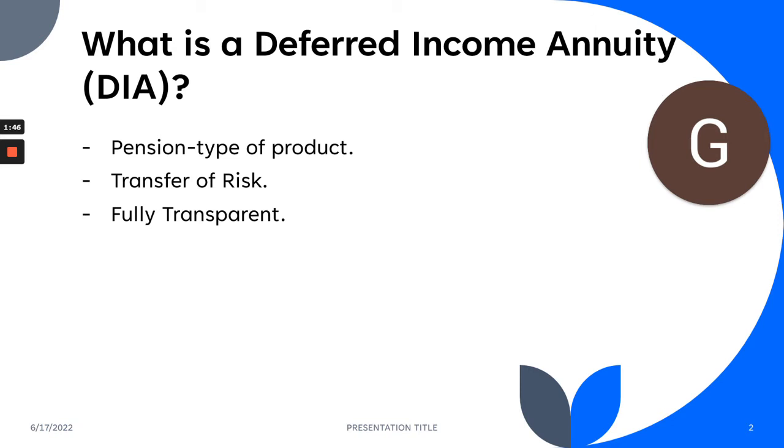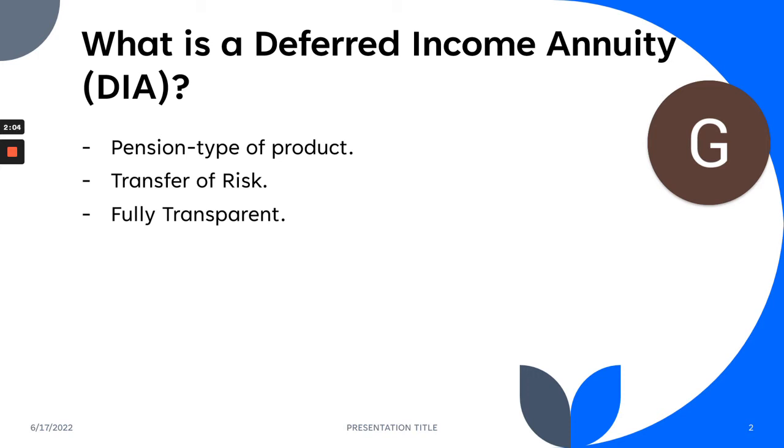Now, this type of product is also an element of transfer of risk. What does that mean? With annuities generally, the annuities are really intended to ensure that you're not outliving your retirement resources in the future.